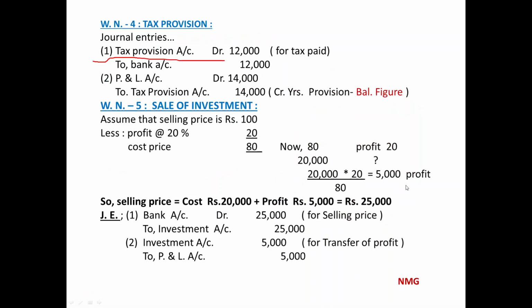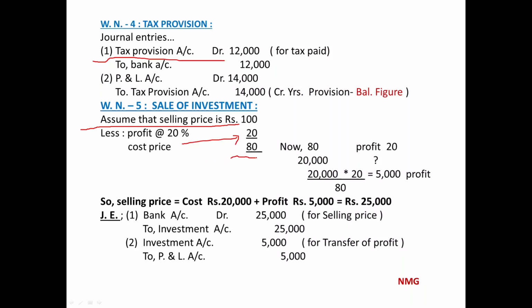Let us prepare a working note. Have a look on the slide. Working note number 5. Sale of investment. Let us assume that the selling price was rupees 100. Profit at the rate of 20% on sale proceeds. Selling price 20% of 100 is 20 rupees.